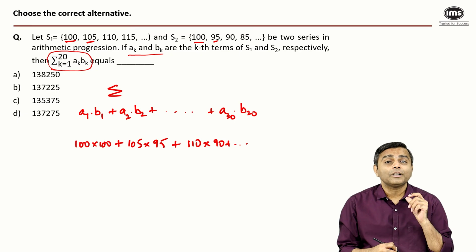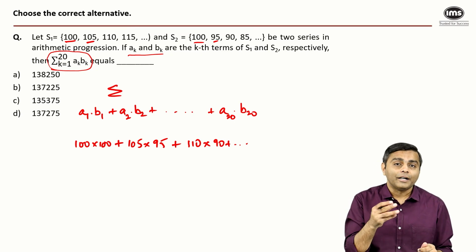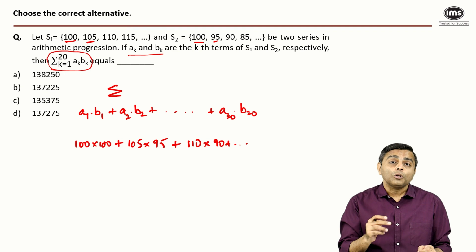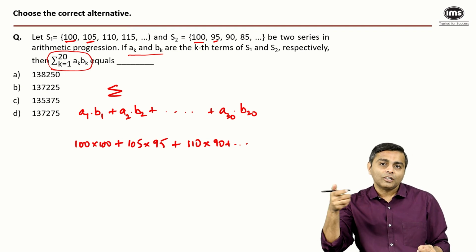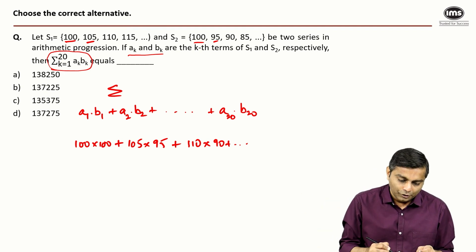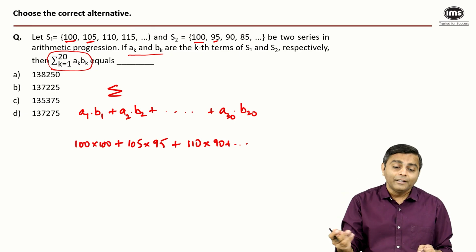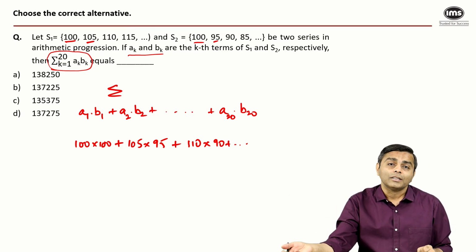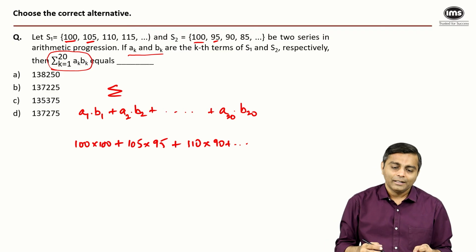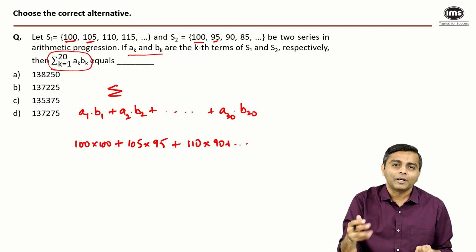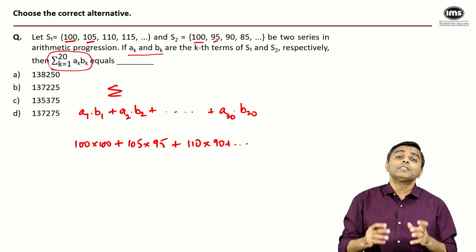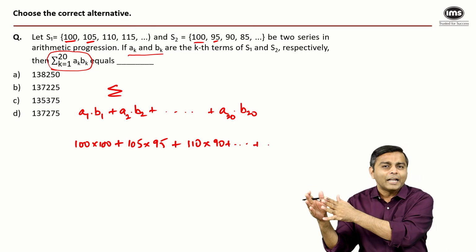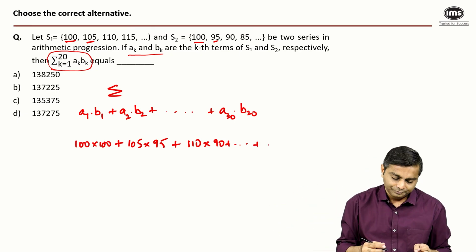The series is starting with 100, which is the 20th multiple of 5. So the final term will be 200 into 0. That term we can eliminate. We don't have to worry about it.